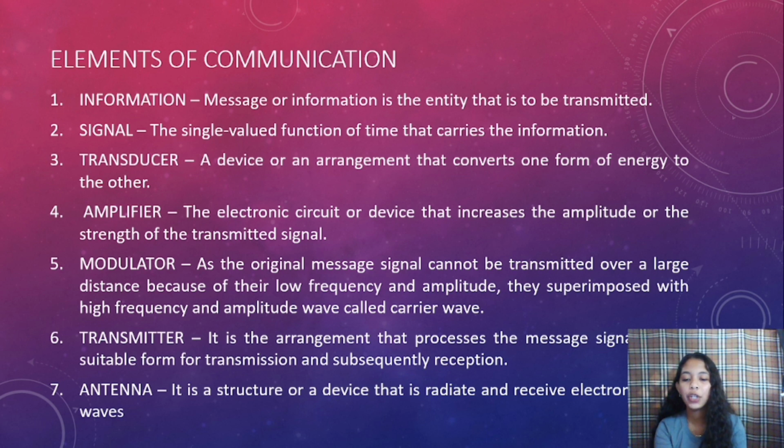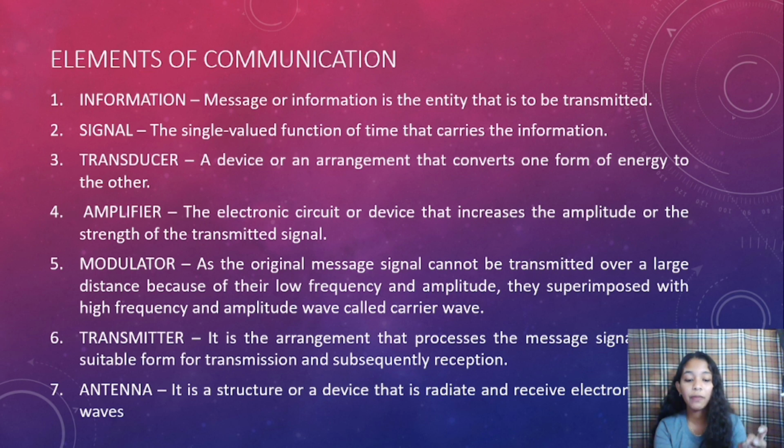Next is transmitter. It is the arrangement that processes the message signal into a suitable form for transmission and subsequently reception. So this transmitter increases the power of the signal through power amplifiers and also provides interface to match the transmission medium.